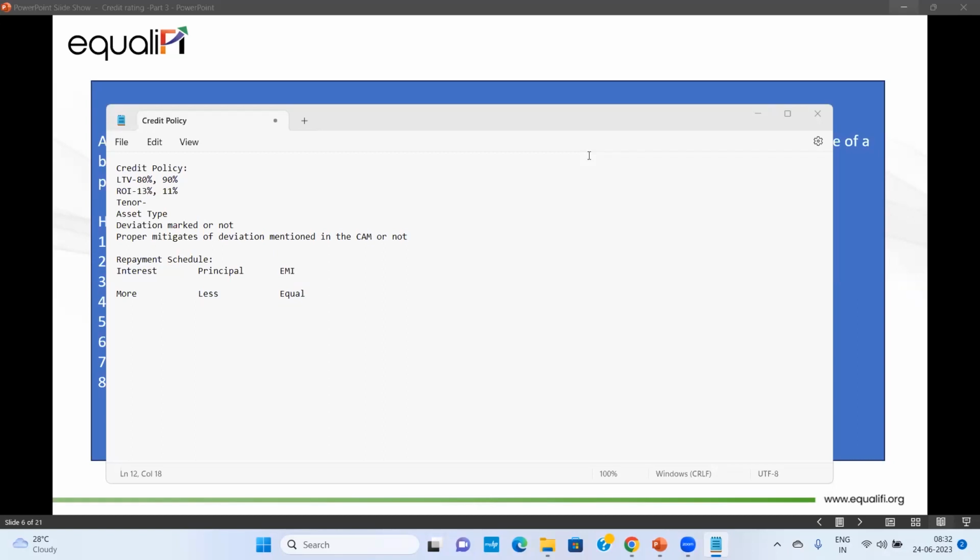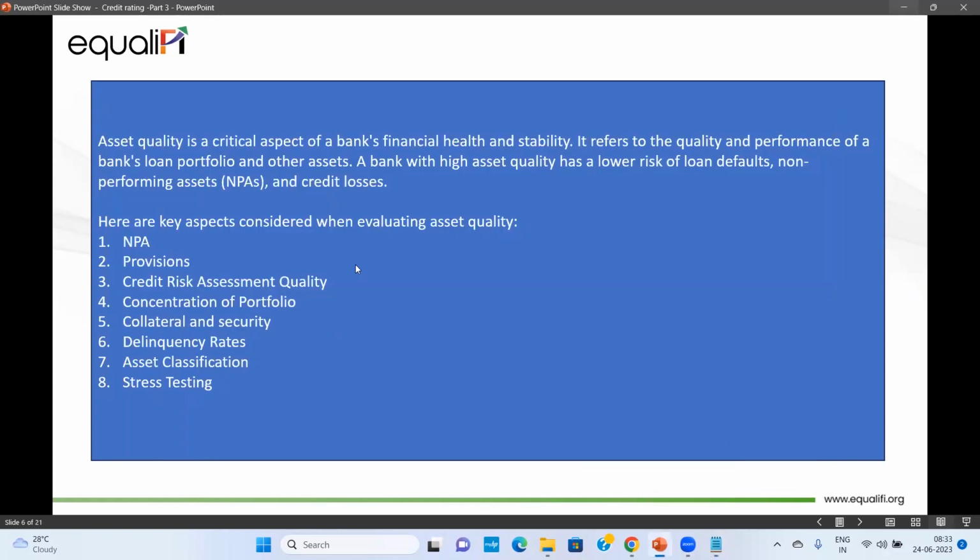That is also hindsighting, a process deviation, which they should have captured, and they should have taken approval from the correct person who is authorized to approve that deviation with the right mitigates. So these are what we call hindsight. This hindsighting gives a credit risk assessment quality.